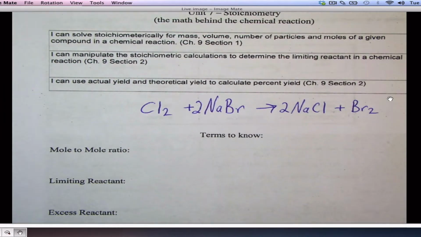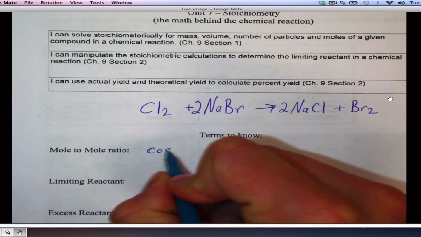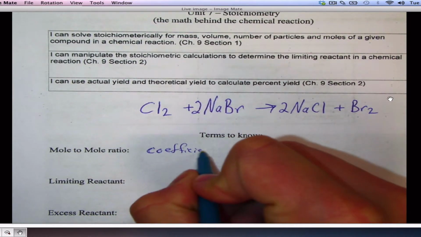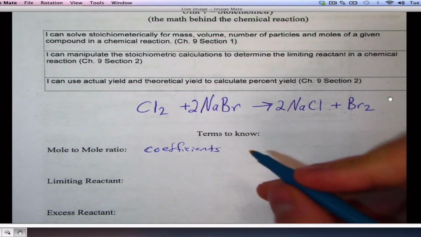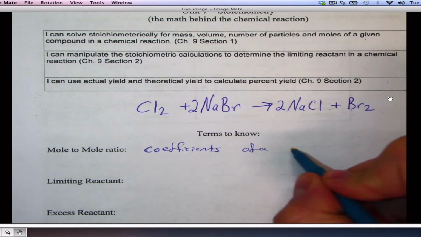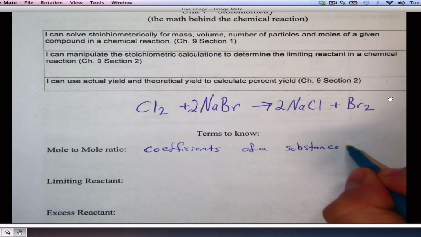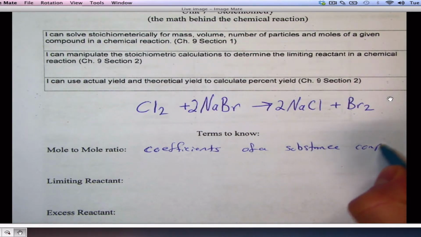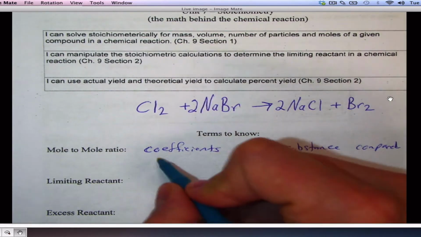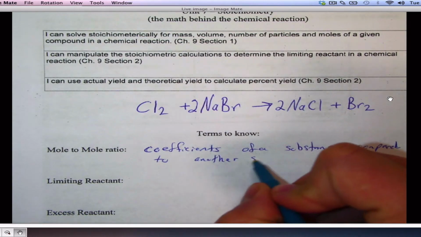So the mole-to-mole ratio is basically the coefficients of a substance compared to another substance.